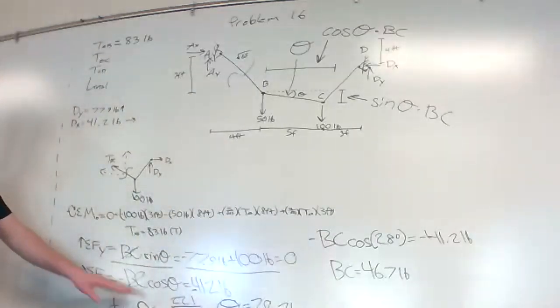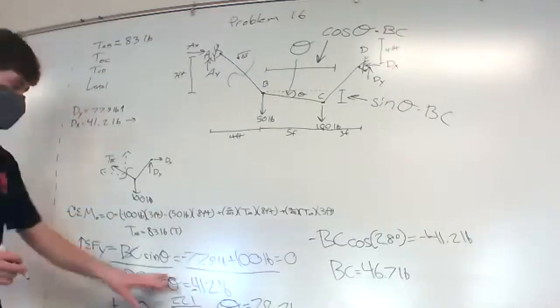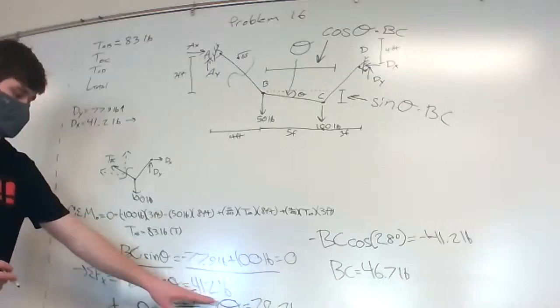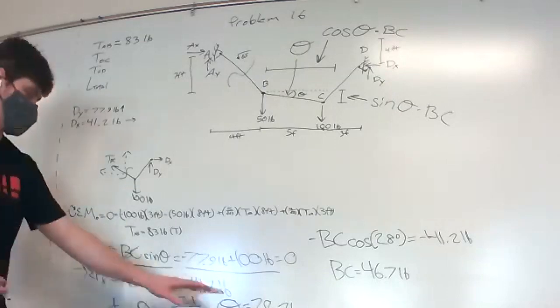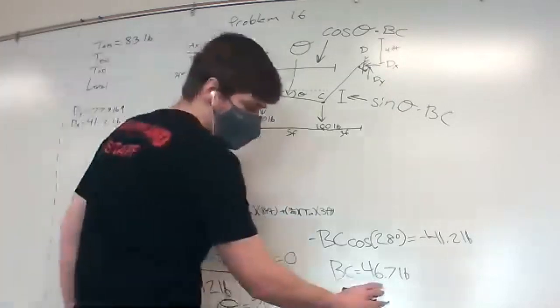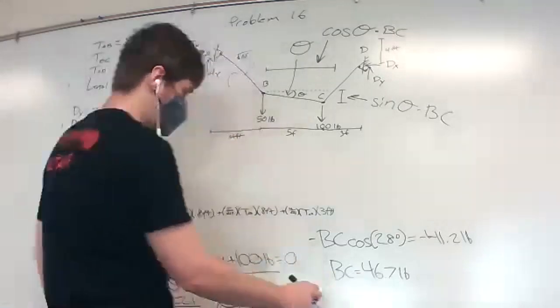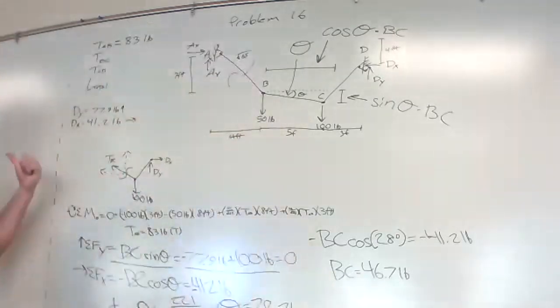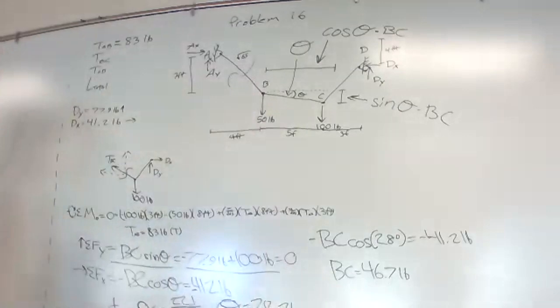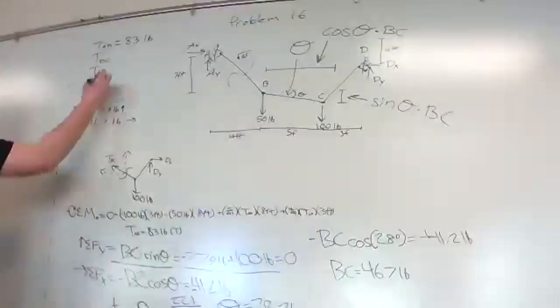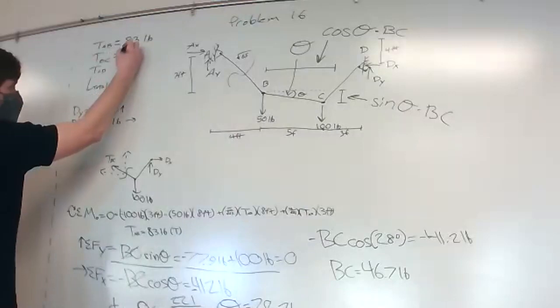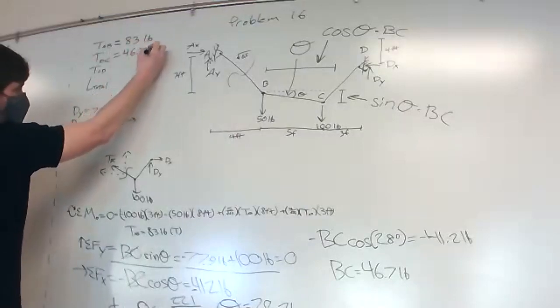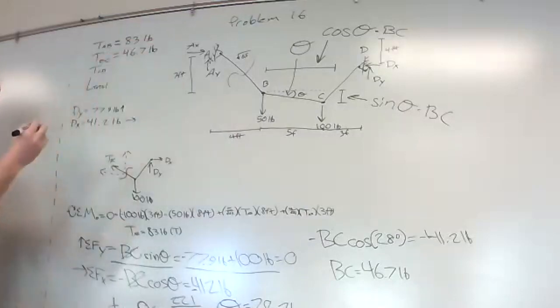Yeah. So this was minus BC since it was going to the left, and we had plus 41, but we move it over, so it becomes minus. So we had minus equals a minus. So that's why we get 46.7 pounds in the correct tension direction that we assumed. And so now that's our BC.